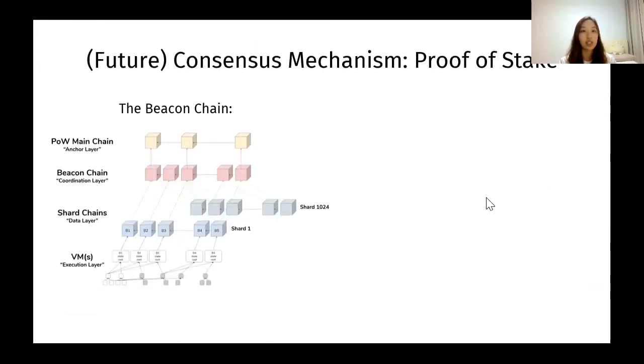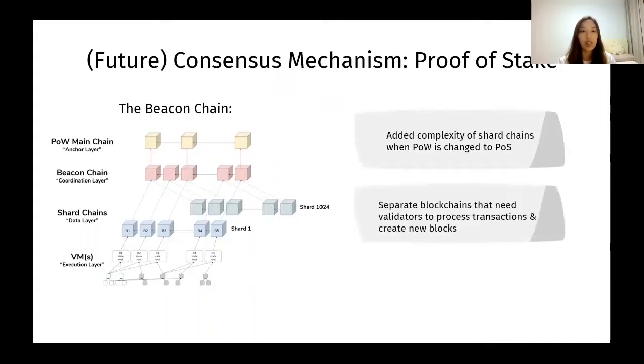So here we have the beacon chain. So when Ethereum replaces proof of work with proof of stake, there will be added complexity of shard chains. So these are separate blockchains that will need validators to process transactions and create new blocks. So the plan here is to have 64 shard chains, each having a shared understanding of the state of the network.